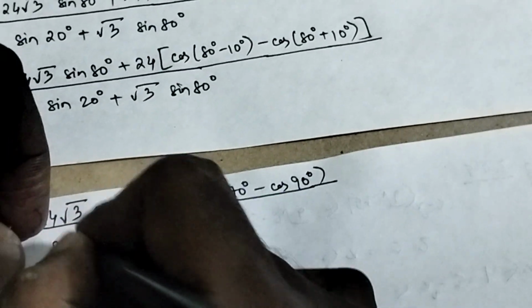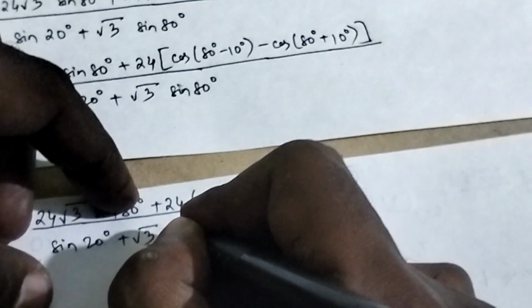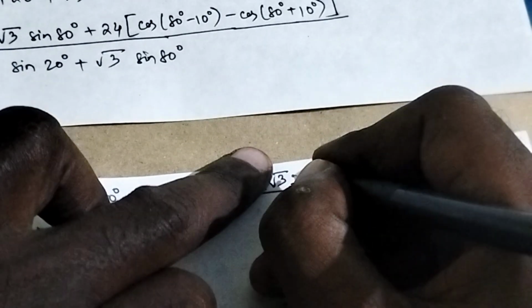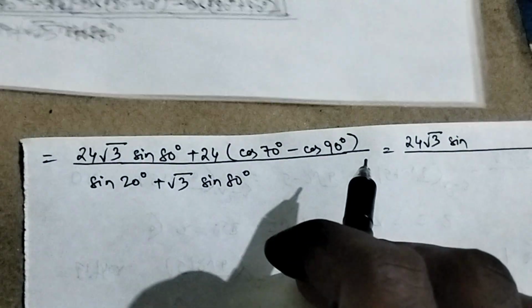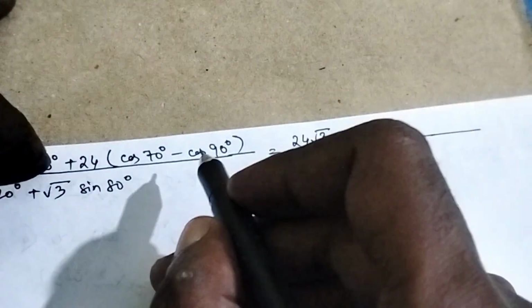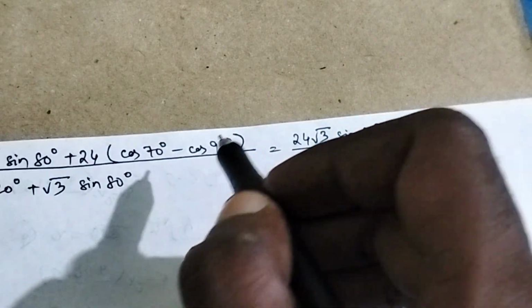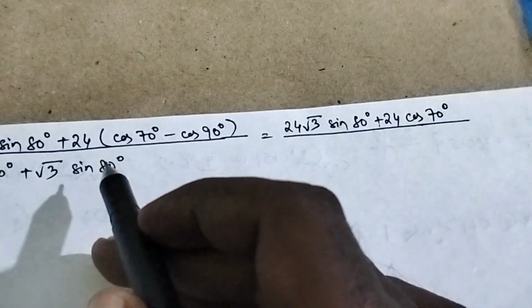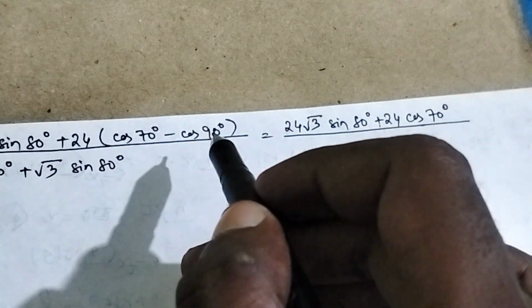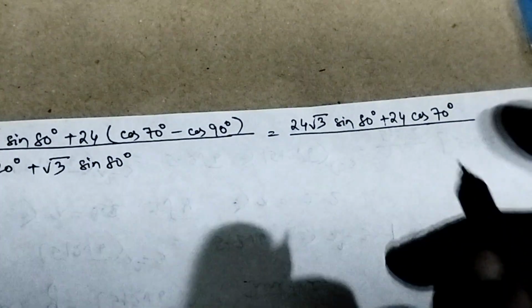In the denominator, sin 20° plus root 3 sin 80°. Now the value of cos 90° is 0, that means cos 70° minus 0, so here it will be cos 70° only: 24 cos 70°.